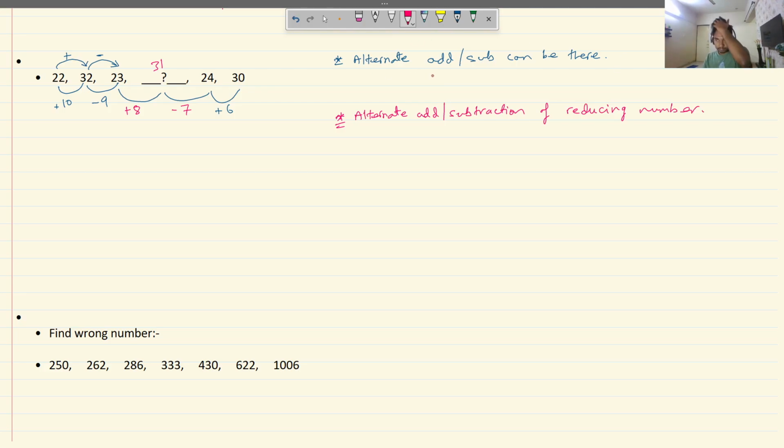And this is my final logic. While I observed the question, I did not know that the consecutive differences themselves would be reducing from 10, 9, 8, 7, 6. I could have made a guess that whatever the differences are, they might be going in alternate addition, subtraction, plus minus.